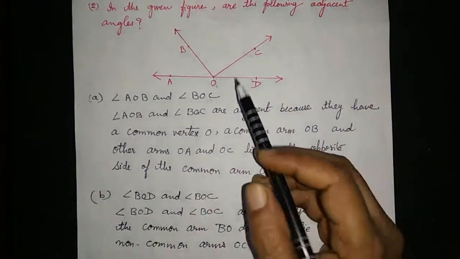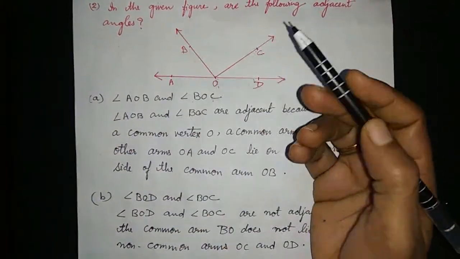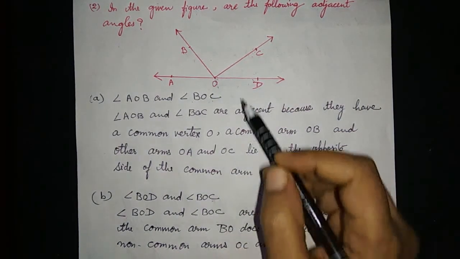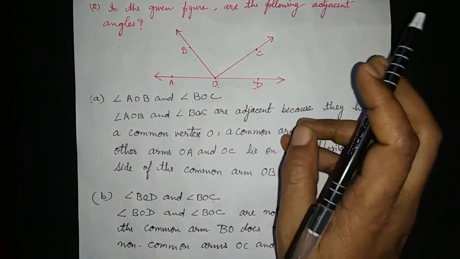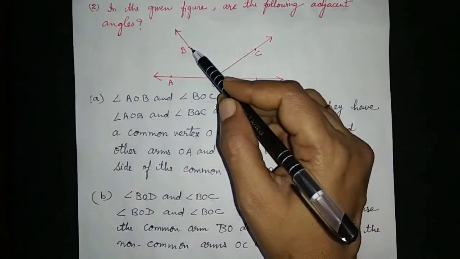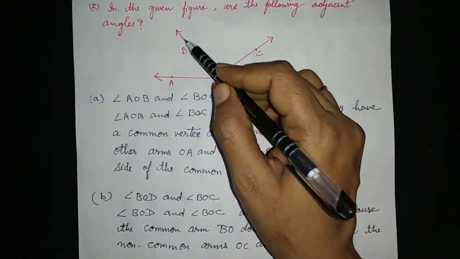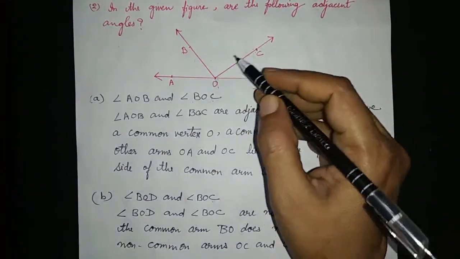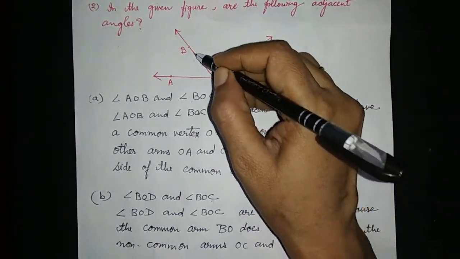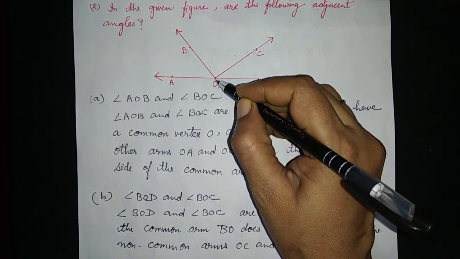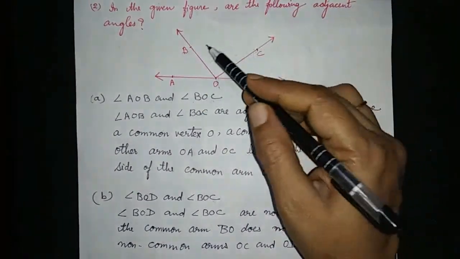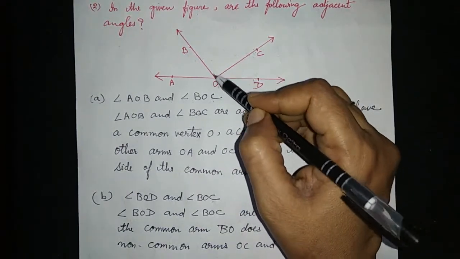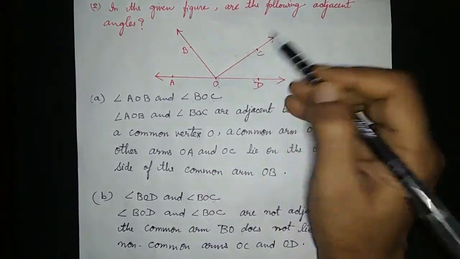Now students, see the B part of question number 2. Here you will tell whether angle BOD and angle BOC are adjacent angles or not. Here this is angle BOD and this is angle BOC, and in these two angles you can see that OB is a common arm, because OB is coming in angle BOD and OB is coming in angle BOC also.